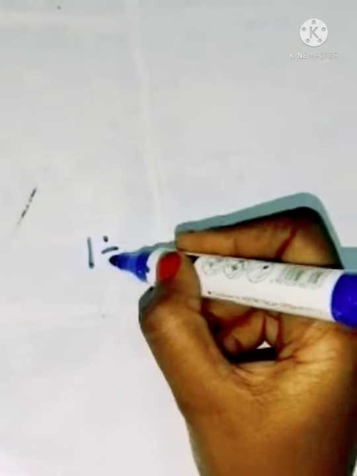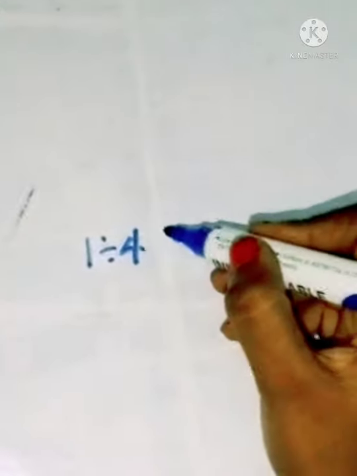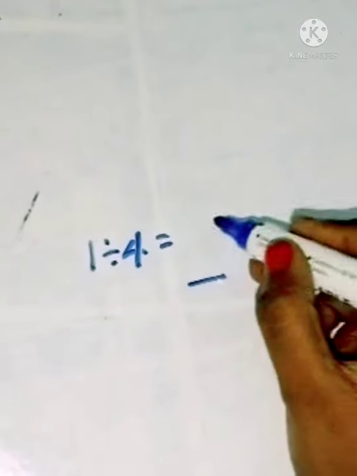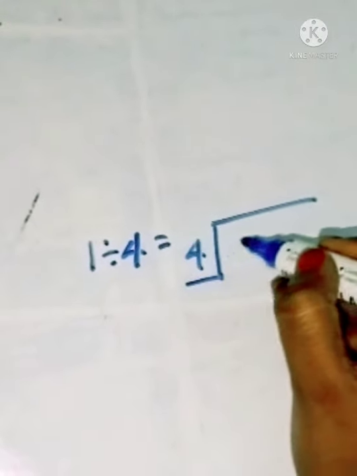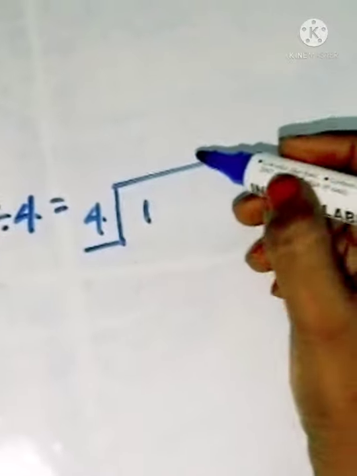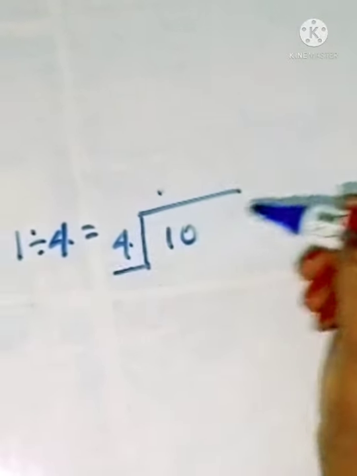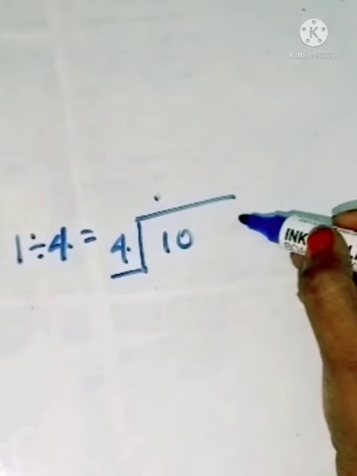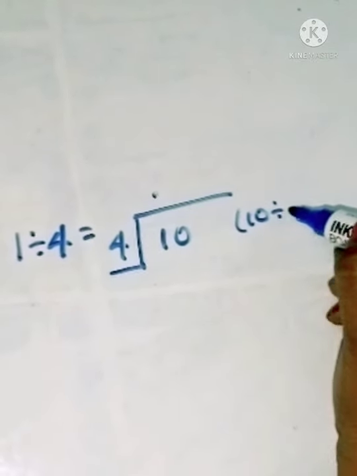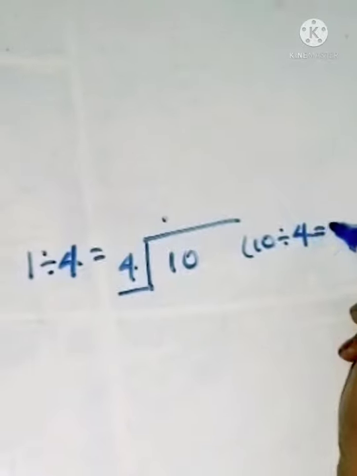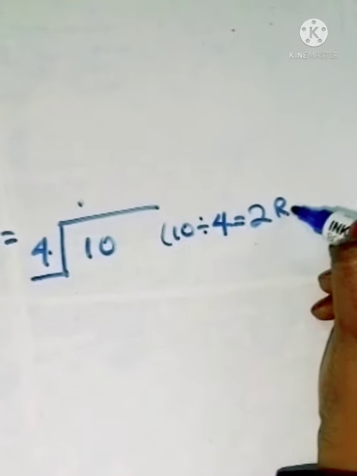And so the first method of converting it to a decimal will say 1 divided by 4. And we will use the long division method. 4 divided by 1, we'll put a decimal point and put 0, which will give us 10 divided by 4 equals 2 remainder 2.